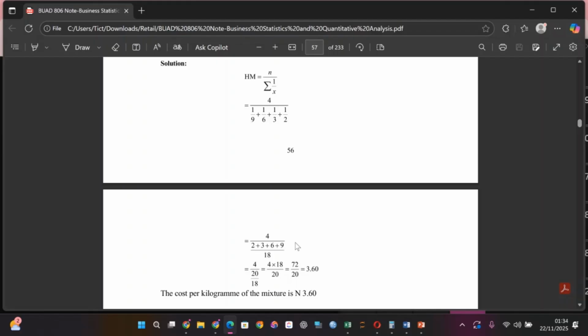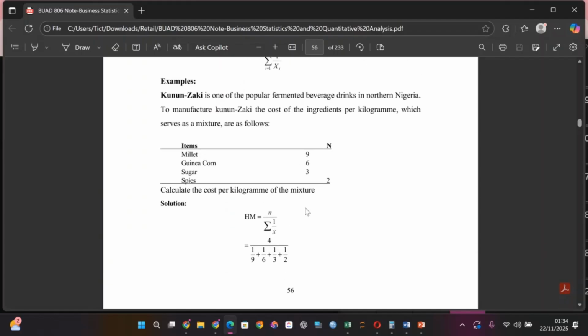Okay, what I'm saying is, how did they get from 1 over 9, 1 over 6, 1 over 3 plus 1 over 2? Why did they bring that up as the numerator, then the 18?